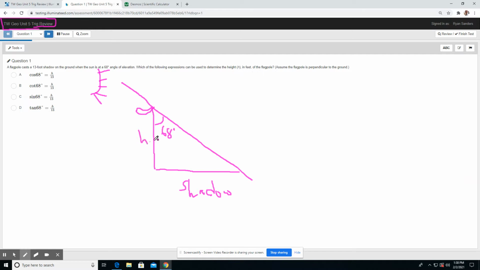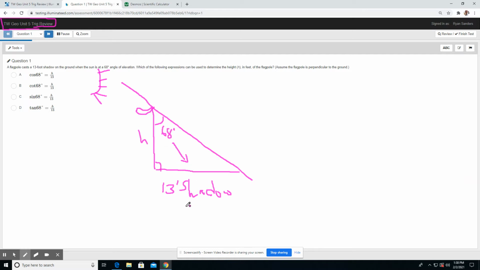So here's our height. Okay, so we got our shadow was 13 feet. It's a 13-foot shadow. All right. So we got this would be a right angle.